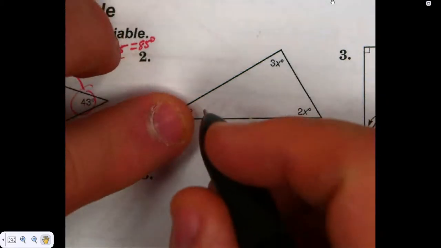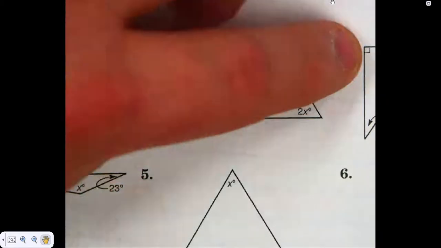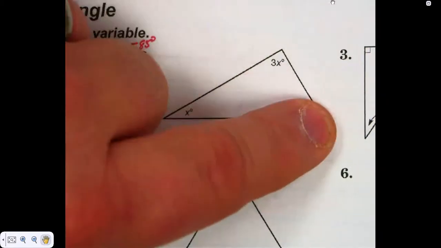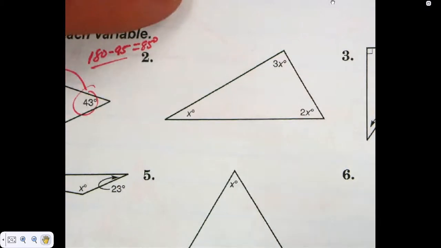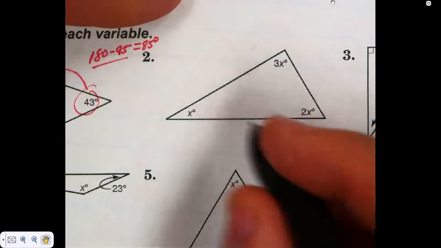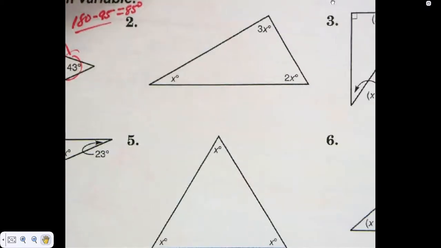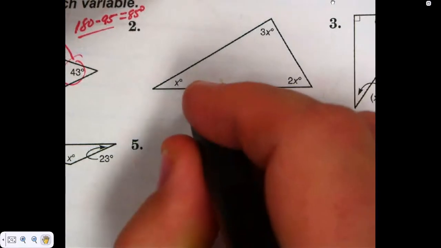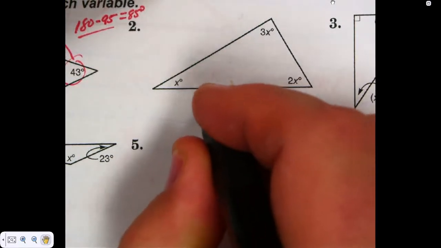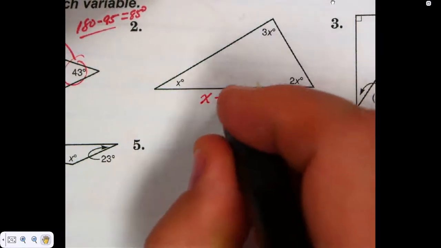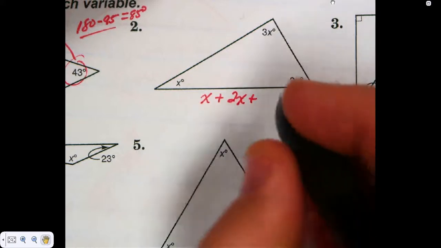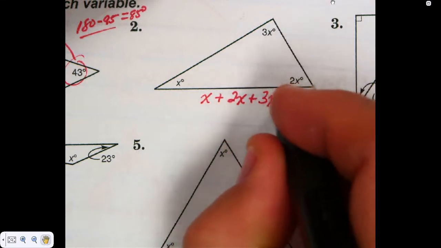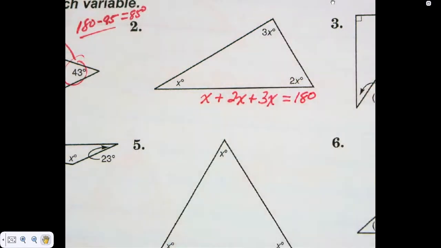No matter what this is, this thing plus this thing plus this angle have to equal 180. Just write what that means in a math sentence. So x plus 2x plus 3x has to equal 180.